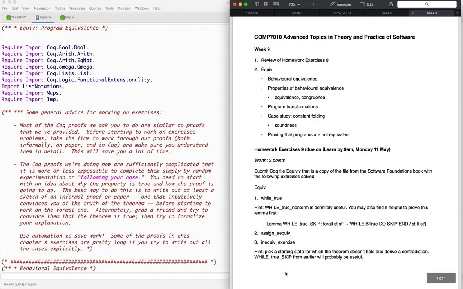So that's what the equivalence thing is that we're going to talk about here, and there are different ways to do this obviously, and we're just going to do it for the Imp language. The details will vary obviously for different programming languages.